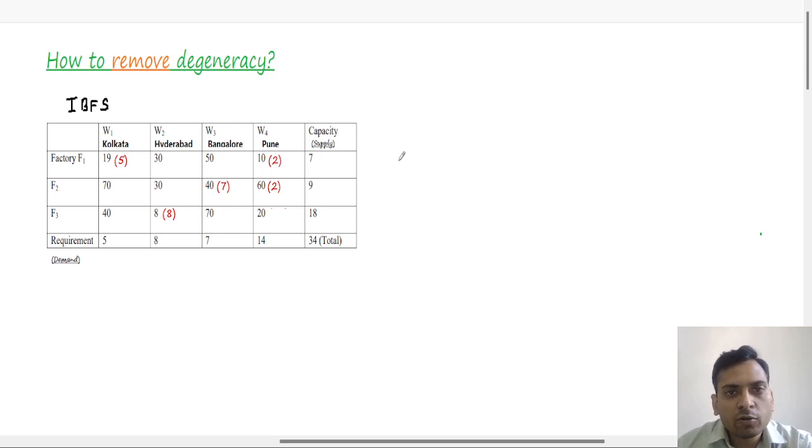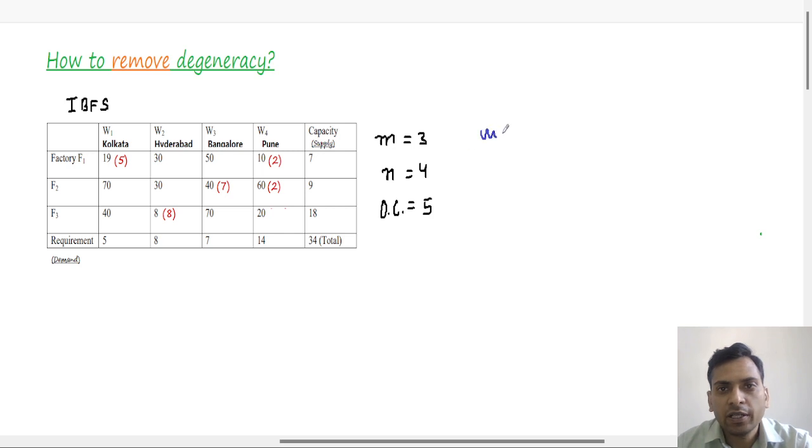Now, the number of rows is 3, the number of columns is 4, and the number of occupied cells in this case is 1, 2, 3, 4, 5. 5 occupied cells. So what is the condition of degeneracy? Non-degeneracy is m plus n minus 1 equals occupied cells.